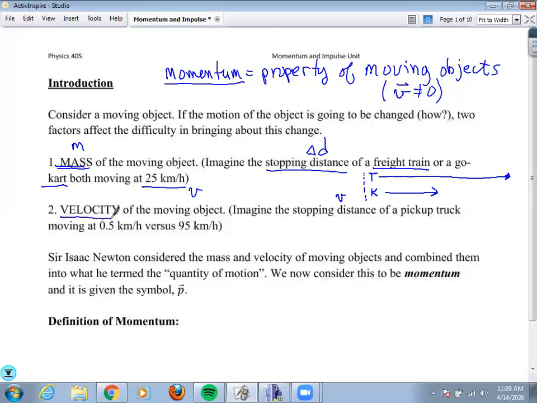The second factor is the velocity, and it should be pretty obvious. If we've got a pickup truck, the mass is constant, and it's got two speeds. Speed one is 0.5 kilometers per hour, and speed two is 95 kilometers per hour. So we've got our line here, and this is v1, and that's v2, and we're looking at stopping distance.